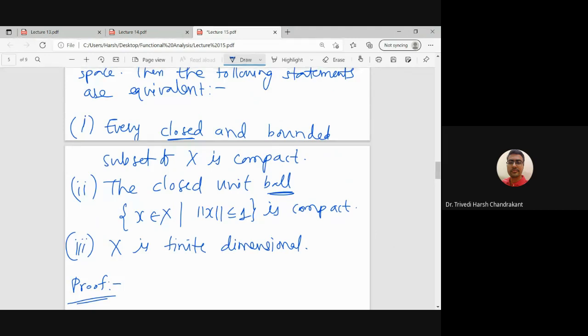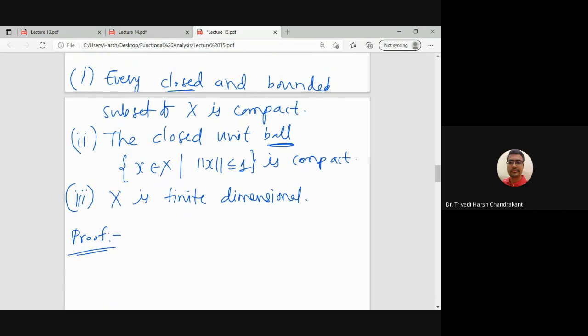Okay, so the first part is very simple. We are going to show that these three statements are equivalent. First, 1 implies 2 is trivial, because the closed unit ball is a closed as well as bounded set, so the first part says that it is compact.